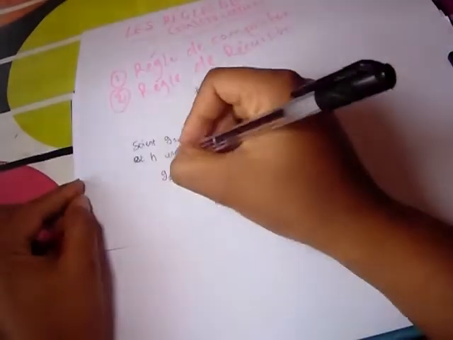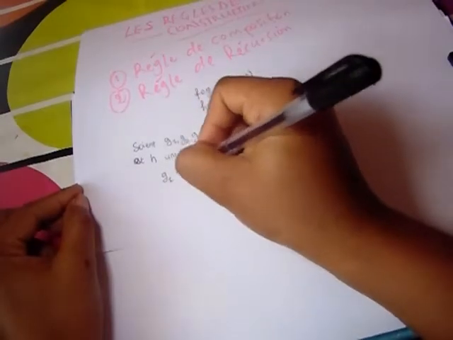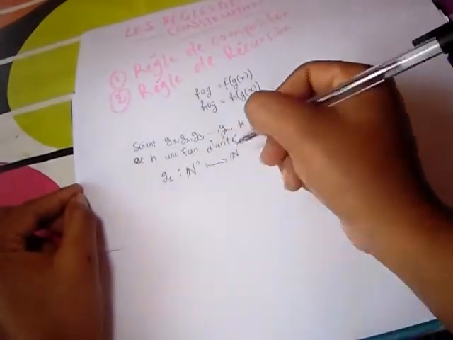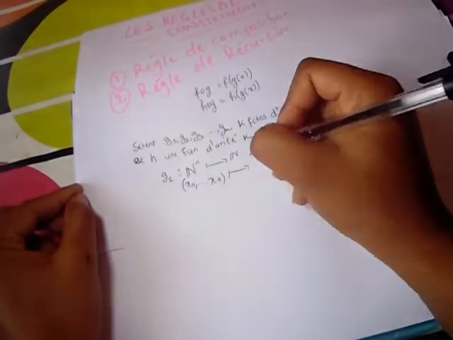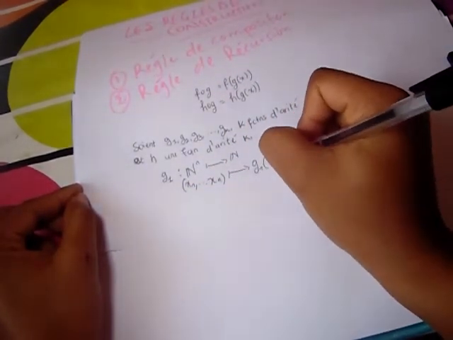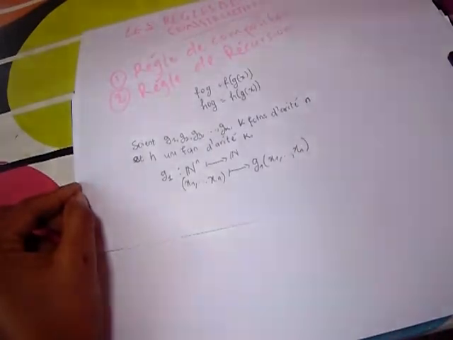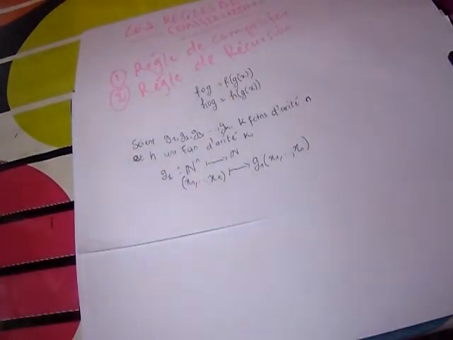Okay, so d'arité n. Why is it d'arité n? So g1, we said it's d'arité n. So that basically means we're having this, just like we talked about the last time, x1 jusqu'à xn. This is a remark: a function, apart from when it is a constant, is always associated with a variable or more variables.